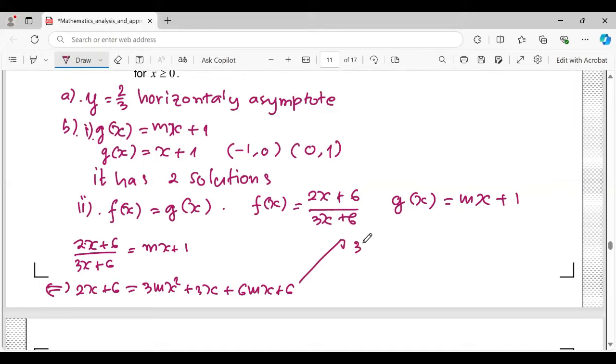Okay, becomes 3mx squared. Moving 2x here becomes plus x plus 6mx. 6 cancels, equals 0.